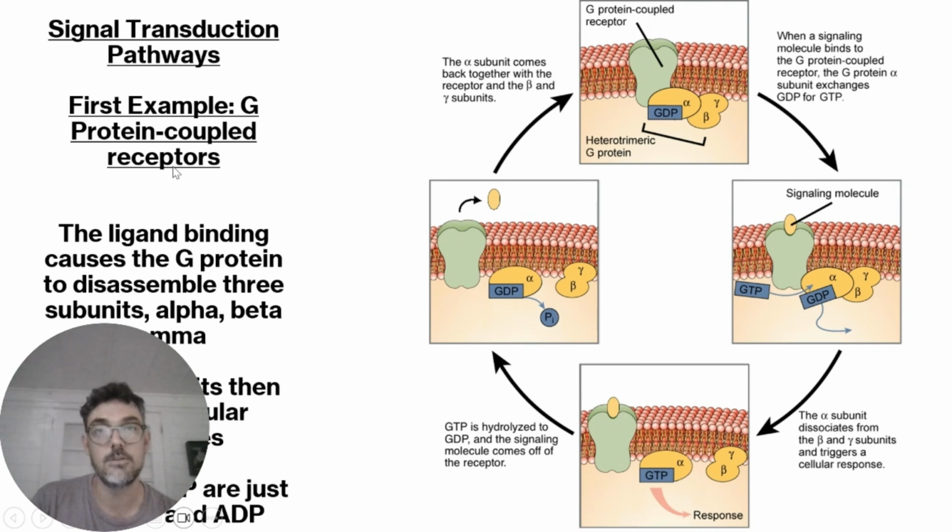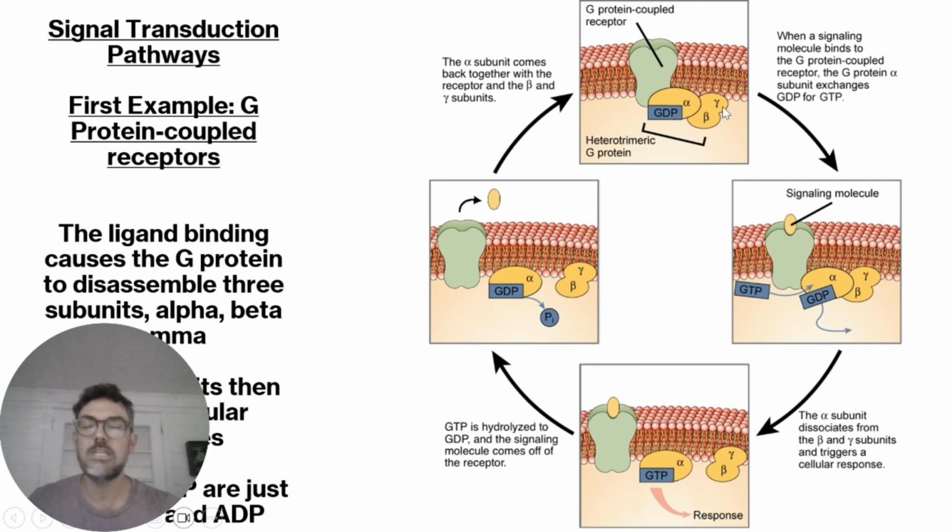G protein coupled receptors are receptors that have a very close association with a very fancy protein called a G protein. The G protein has a complex series of subunits: the alpha, the beta, and the gamma.